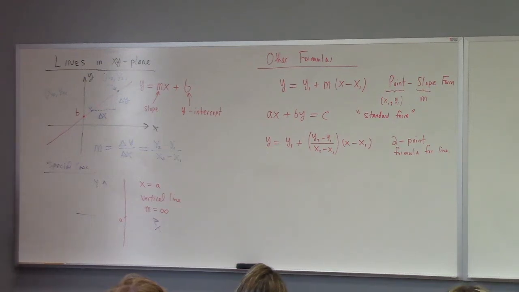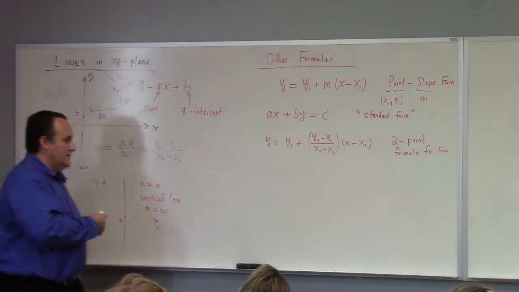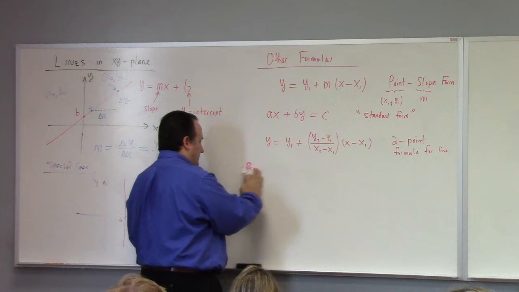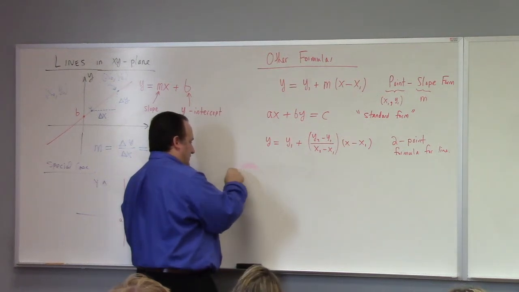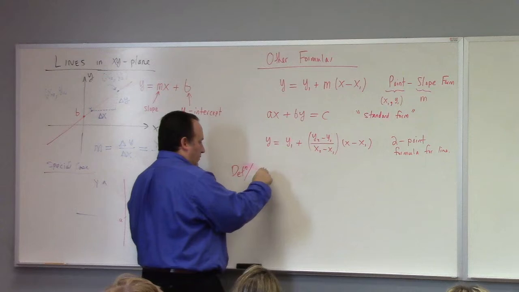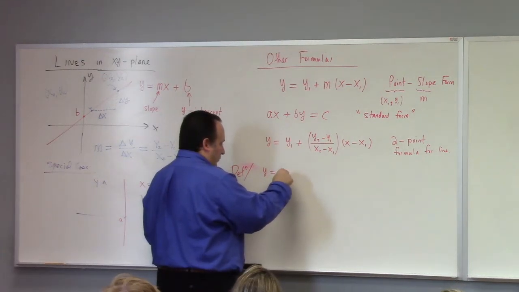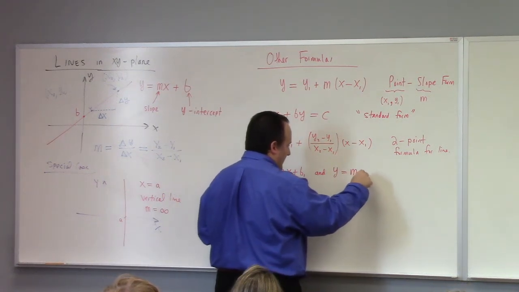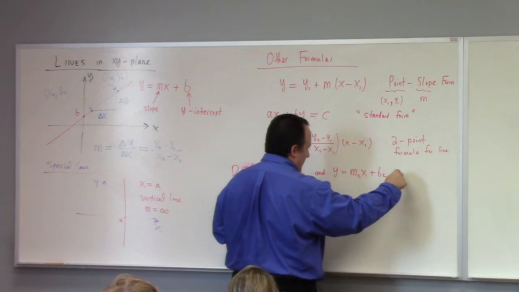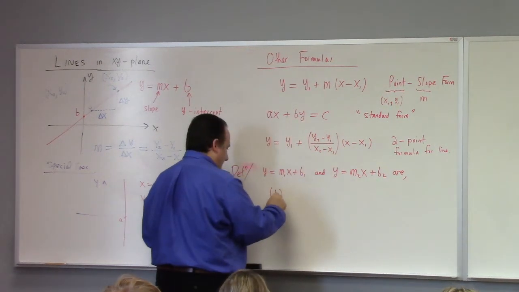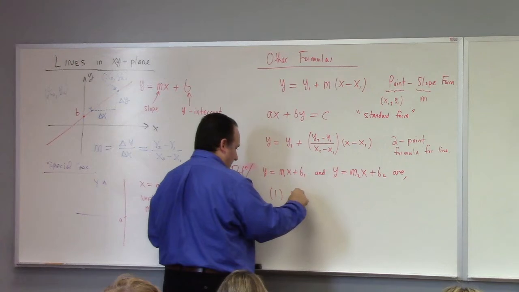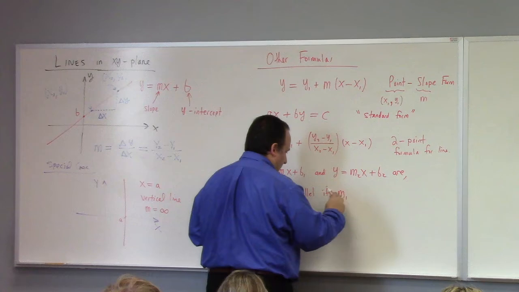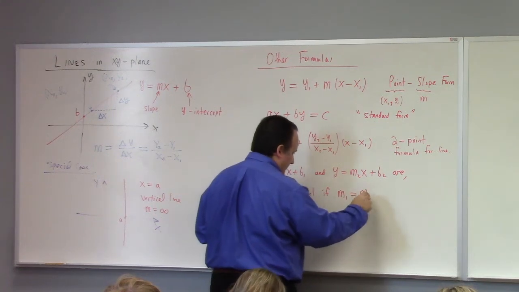There's one other theoretical tidbit I should share with you, which is parallel versus perpendicular. How's that go? Basically the definition is this: y equals m1x plus b1, and y equals m2x plus b2 are, number 1, parallel if m1 equals m2, right?